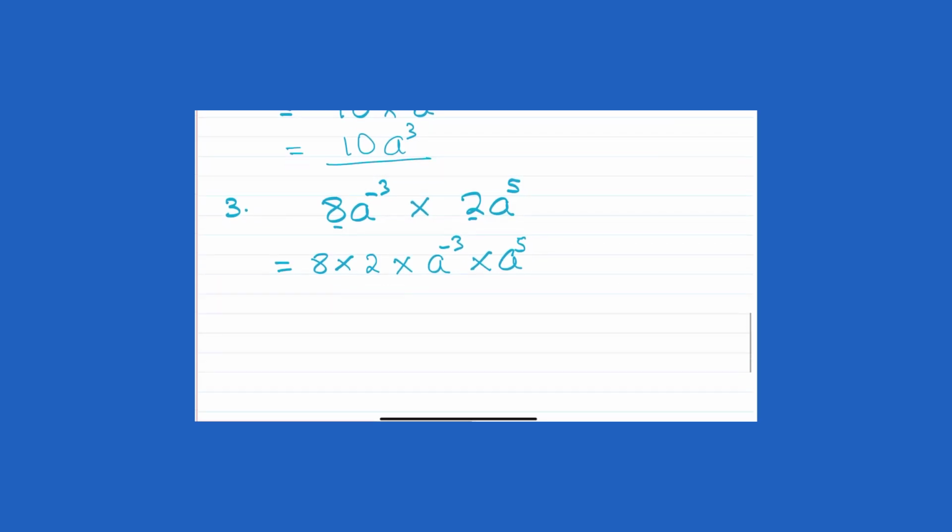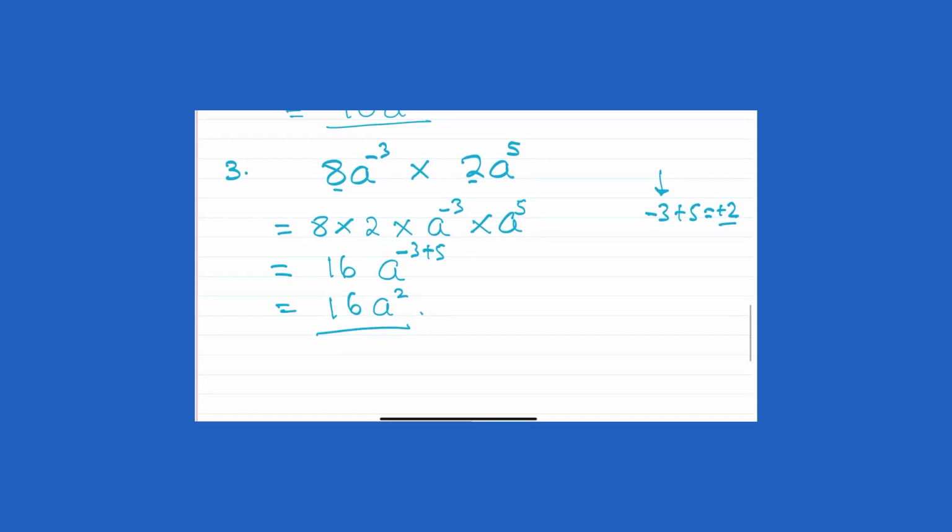To solve this, we're going to have 16 and then minus 3 plus 5. What this means is you have $5, but you are owing $3. If you pay your debt, you have positive 2. So our final answer is going to be 16a squared. So that is the answer for number 3.